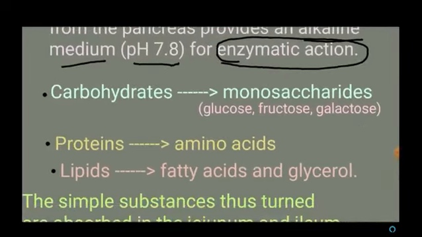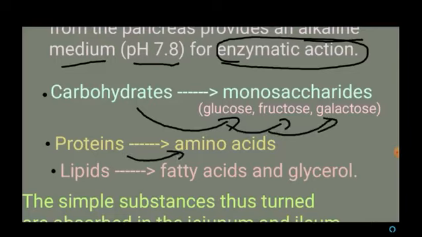Because of the enzymatic action in the mouth, stomach and small intestine, all the macromolecules in the food materials are completely converted into micromolecules. Here the carbohydrate is converted into monosaccharides like glucose, fructose and galactose. And the proteins are converted into amino acids and lipids are converted into fatty acids and glycerol.